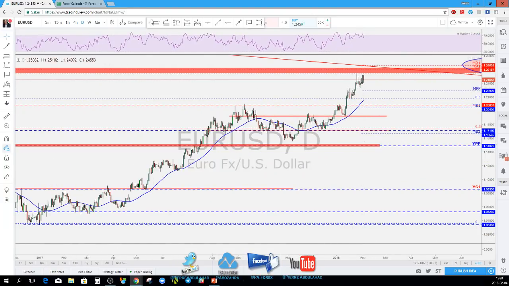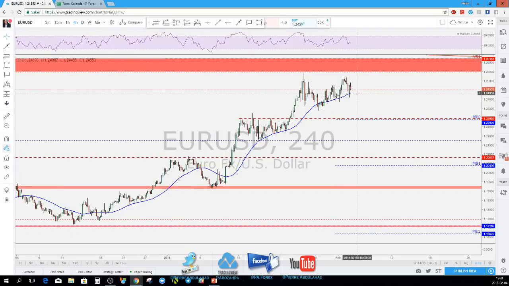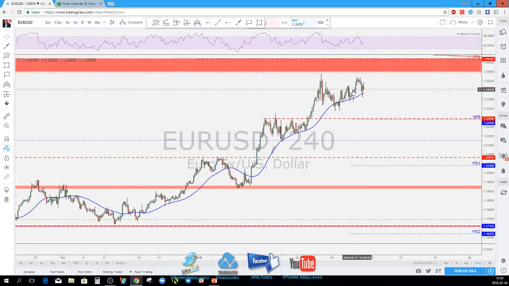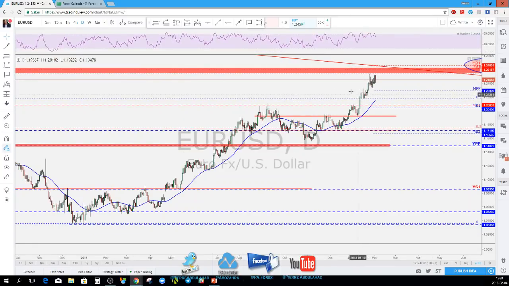So on the daily, we're still in an uptrend, of course. Even on the 4-hour, we're still in an uptrend, but we start getting some little signals that we may see a bounce, a correction, call it whatever you want. We still have some bearish divergence on the RSI since this high here.